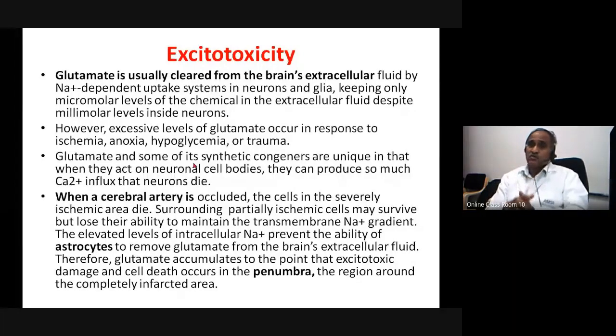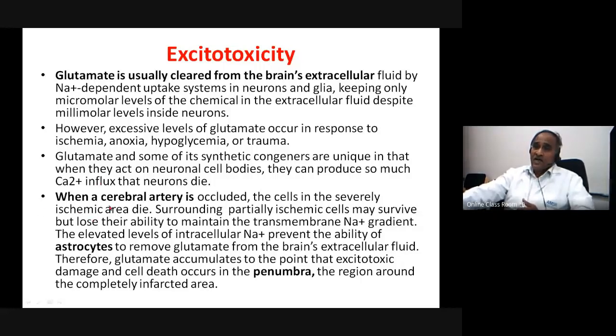The release of those lytic enzymes would kill the neurons. So that means the neurons die. This is excitotoxicity. Okay, so any excitatory neurotransmitter in excess would kill the neuron by itself because it cannot stand the calcium influx.